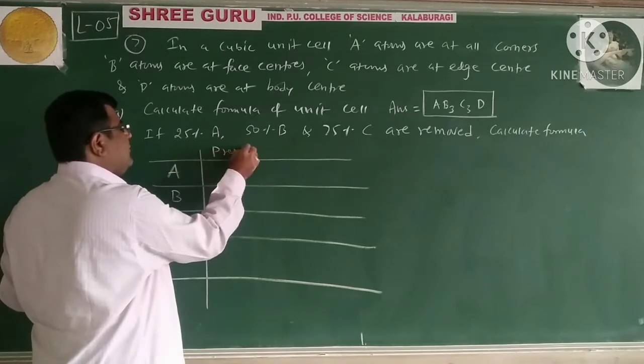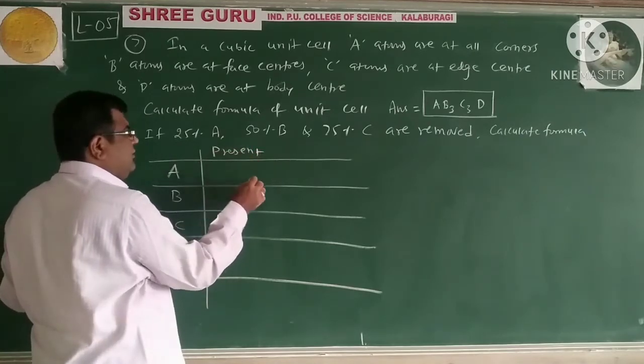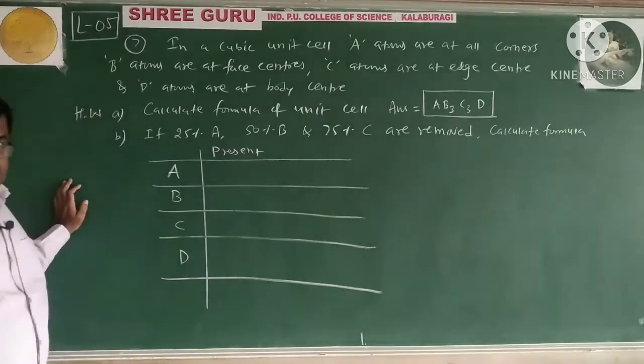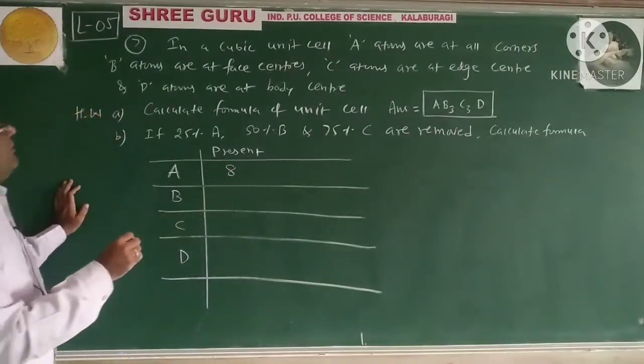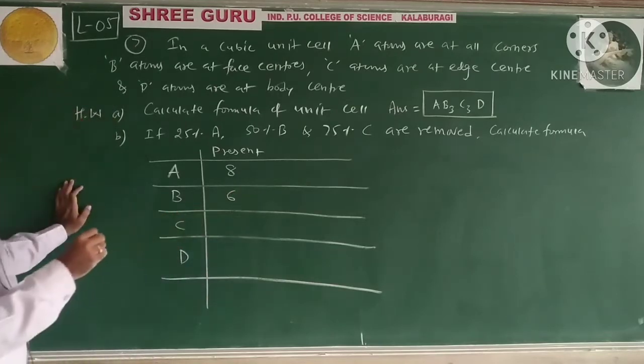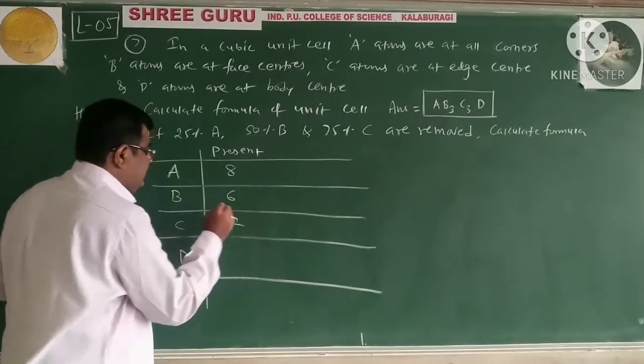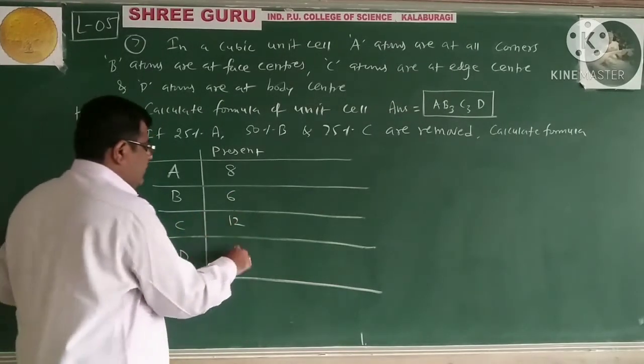A is at corner, so 8, B is at face center, so 6, C is at edge center, so 12, D is at body center, so 1.